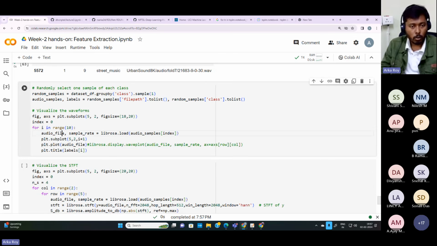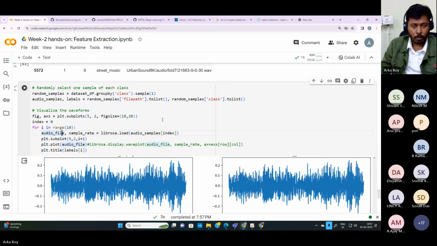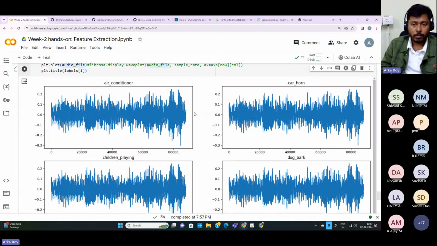Let me show you how it looks. We can see this is how an air conditioner sound looks, the car horn sound looks like this, children playing looks like this.